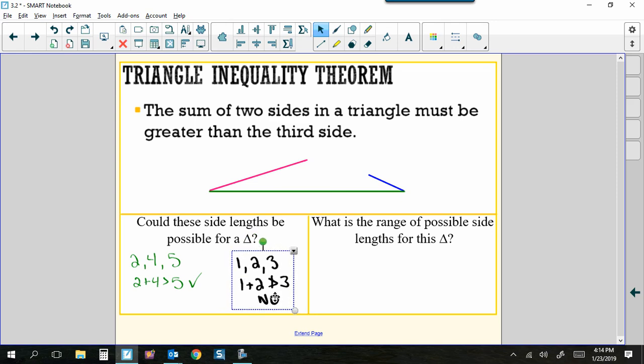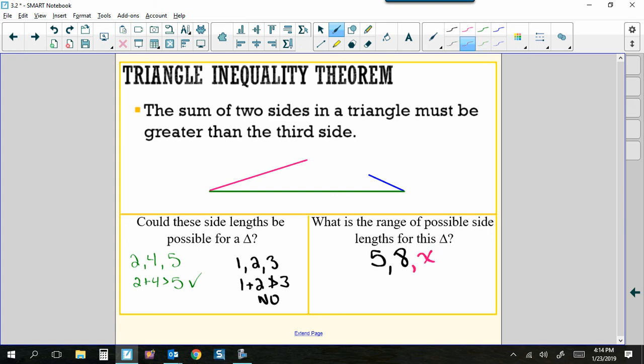The other type of problem that you can see is you'll get 2 side lengths and you'll be asked to find a possible third. So if you're given a length of 5 and a length of 8, there is a range of possibilities for what that third one could be. So what I always suggest is make the third one x.